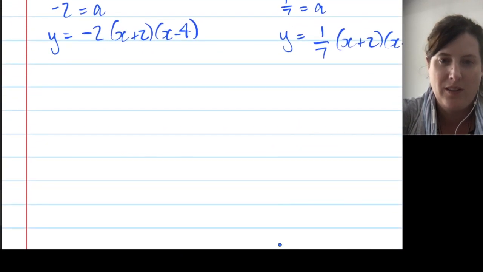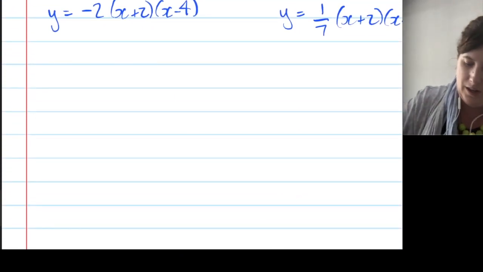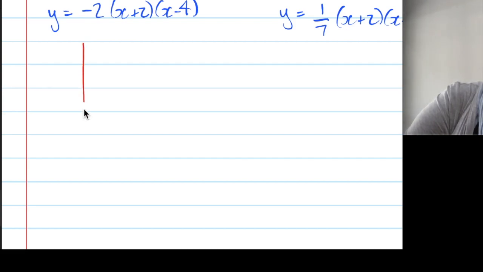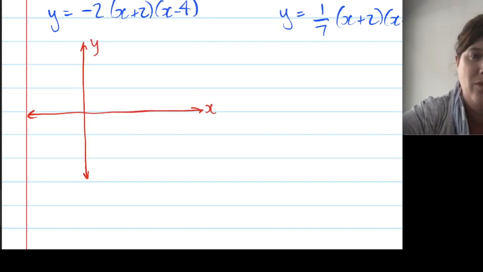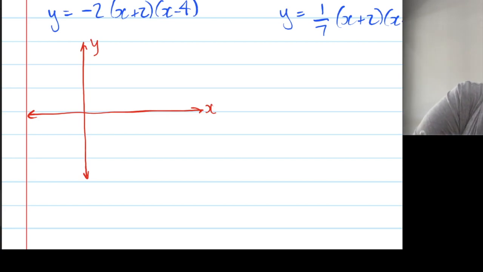Sometimes with those questions, they'll actually give you a graph and then ask you to find the equation given that. So let's do it. Oh, I should make it another example.